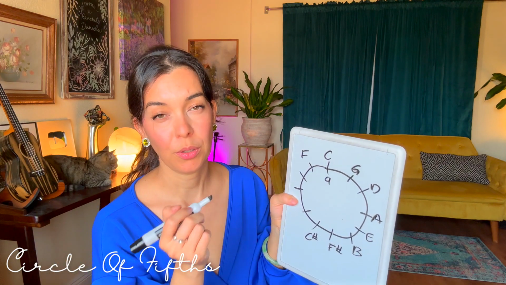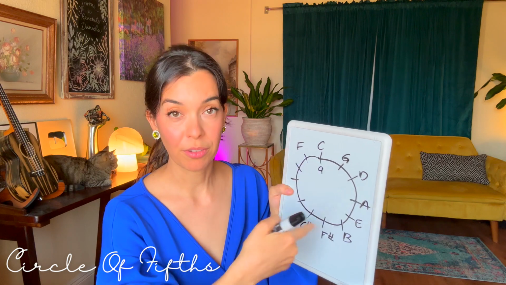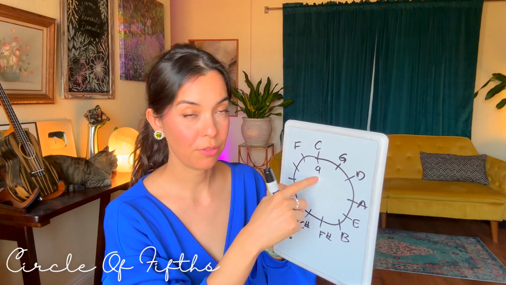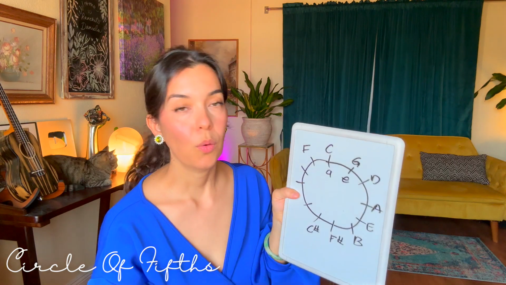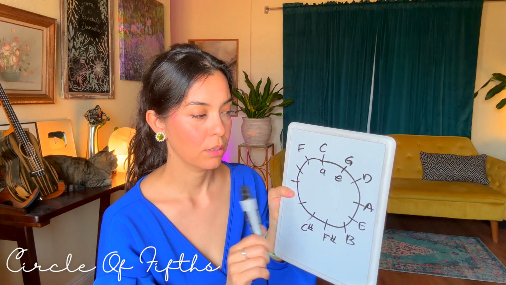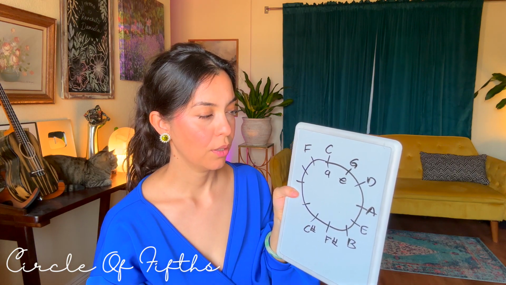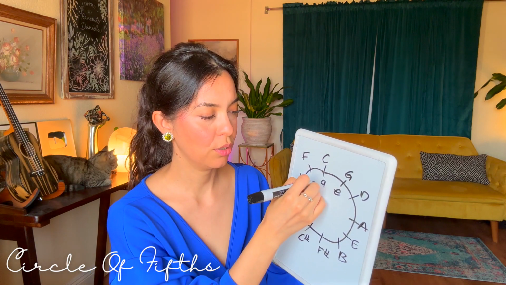Now from this point, you have two options on how to fill in the rest of the circle. You can go by fifths, like go to the fifth step of A, B, C, D, E. Or you can go to the sixth scale degree of its relative major. And that would also give you E. So you have options on how to approach the relative minors.